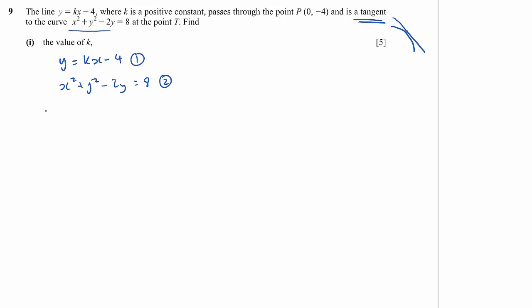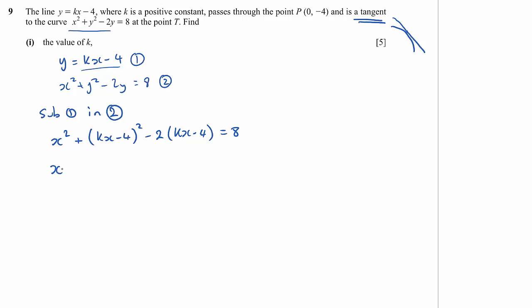So we'll sub 1 into equation 2. So that gives us x squared plus, then y squared is going to become (kx minus 4) squared, take away twice (kx minus 4) equals 8. So we've just simply replaced y with kx minus 4.